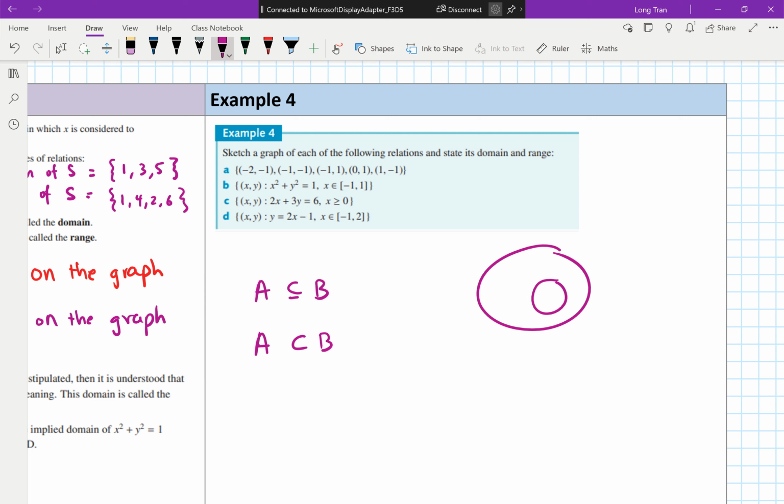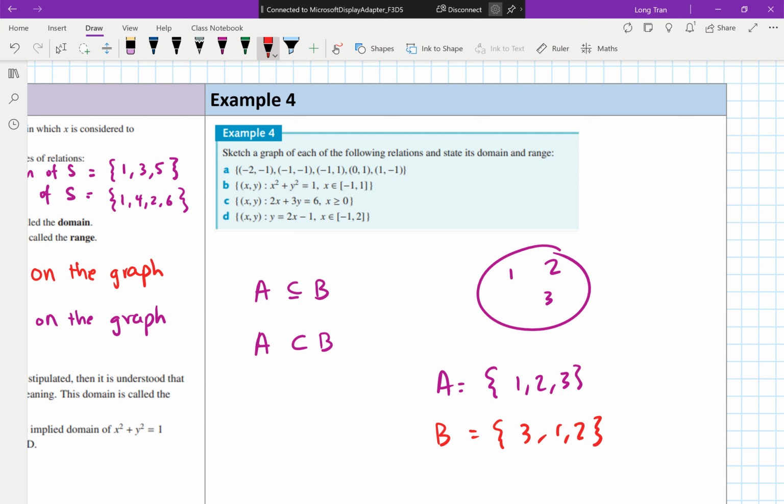So here's an example. If I told you A is 1, 2, and 3, okay? So 1, 2, and 3 as an example. And then I say B is 1, 2, and 3. Or actually, I'll write it differently. 3, 1, and 2.